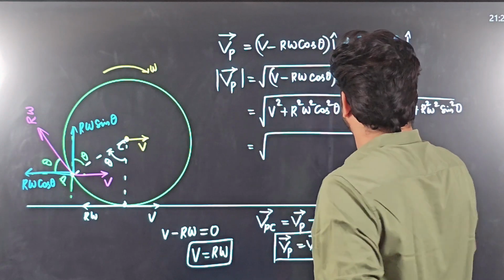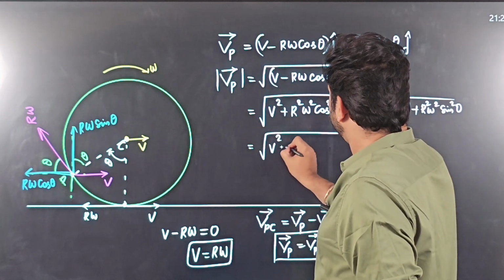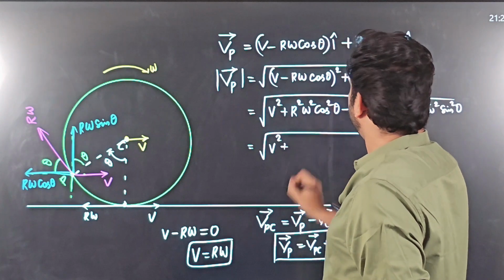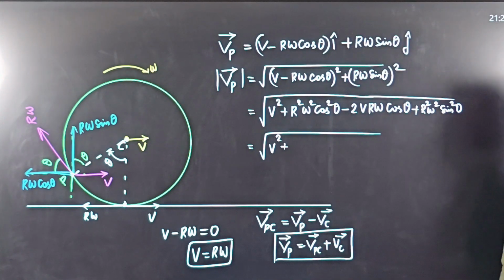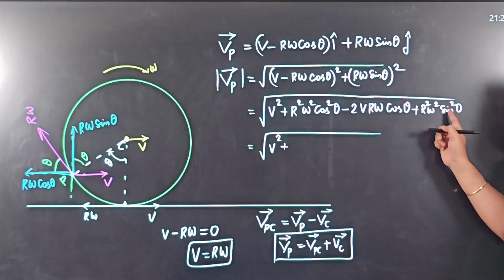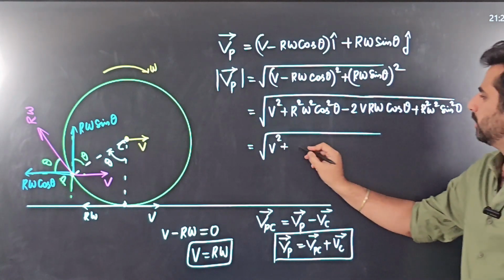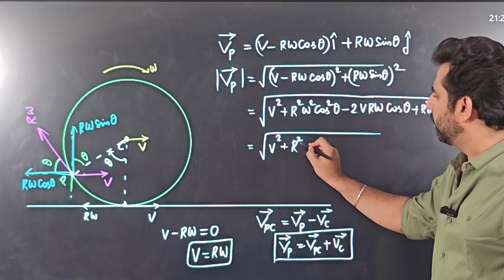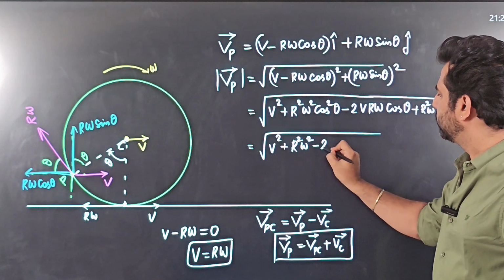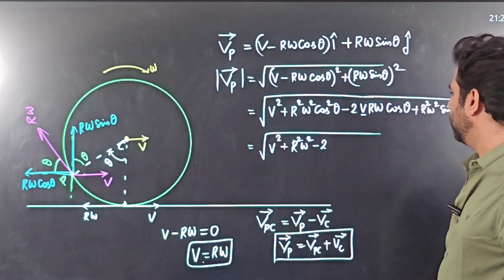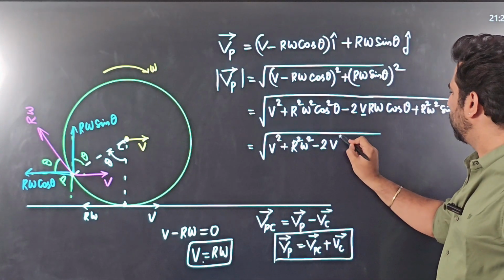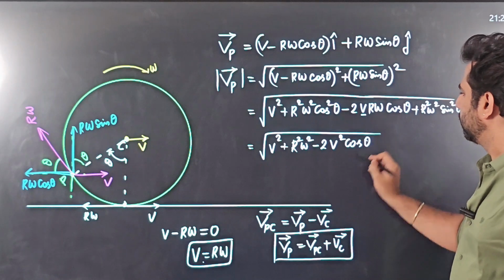So V square plus r square omega square cos square theta plus r square omega square sine square theta, which is r square omega square into (cos square theta plus sine square theta), that is 1. It is r square omega square minus 2V into r omega. Because r omega is equal to V, I can write 2V square cos theta.